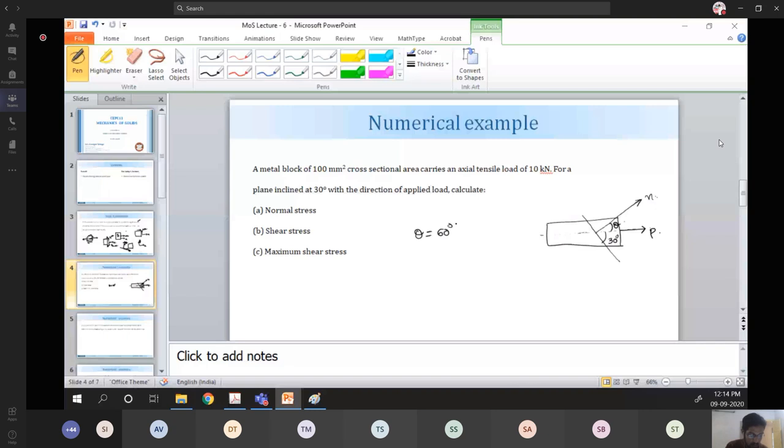So sigma x is P by A. P is 10 kilonewton, 10 into 10 power 3, by A is 100 mm square, so it is 100 into 10 power minus 6. We need to find the stress along the inclined plane. Normal stress is sigma x by 2 into 1 plus cos 2 theta. So with the sigma x, we can calculate that.